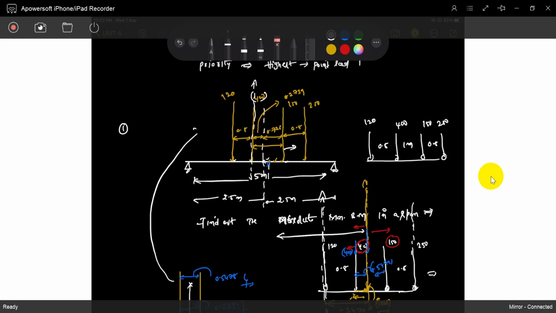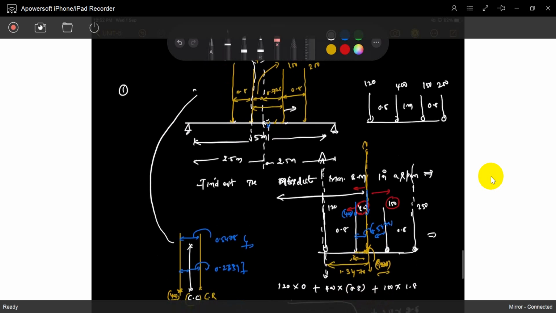We will consider the section where the 400 load is placed. Understood? So we have to draw the ILD for that section.